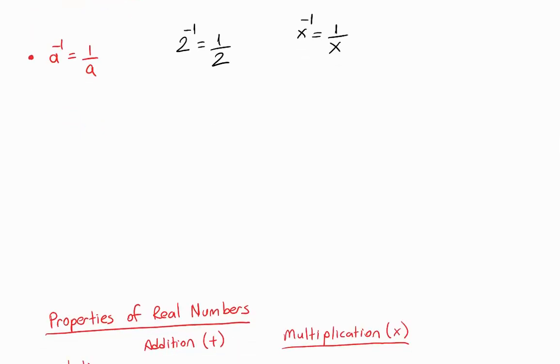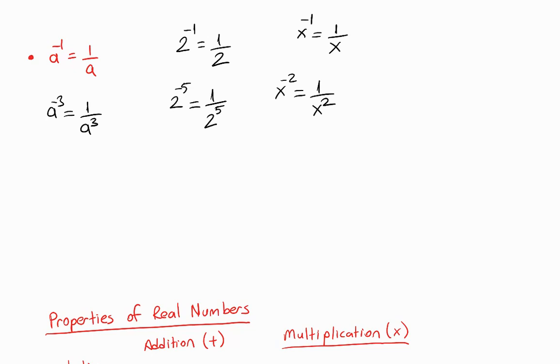We can also say a to the -3 is 1 over a, but we will use the exponent 3. Let's say 2 to the -5 is 1 over 2 to the 5, x to the negative 2 is 1 over x to the 2.